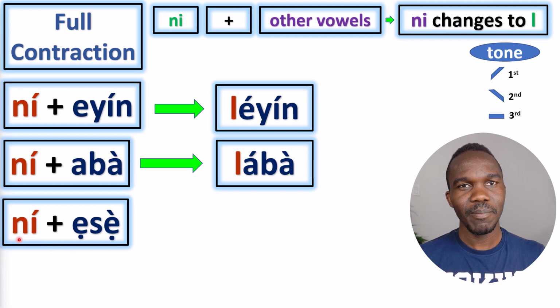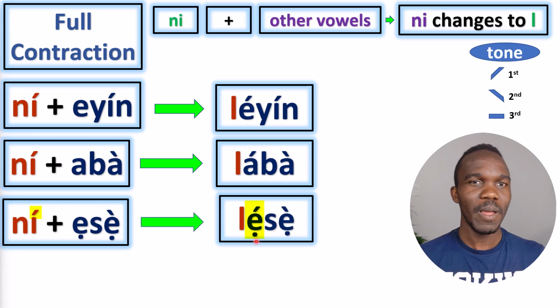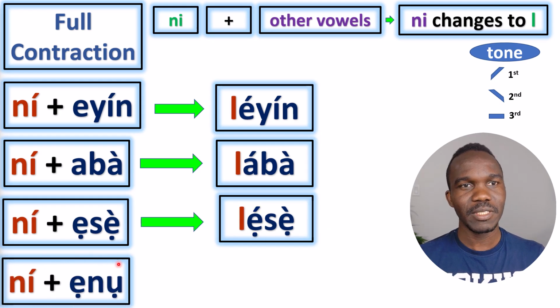Mi is what? Ni, re do, ese. So this one turns to what? L. And the mi and re, mi wins. So mi wins. We're gonna be what? Mi, do. Lese. Mi, do. Lese. And the final one, let's look at it.